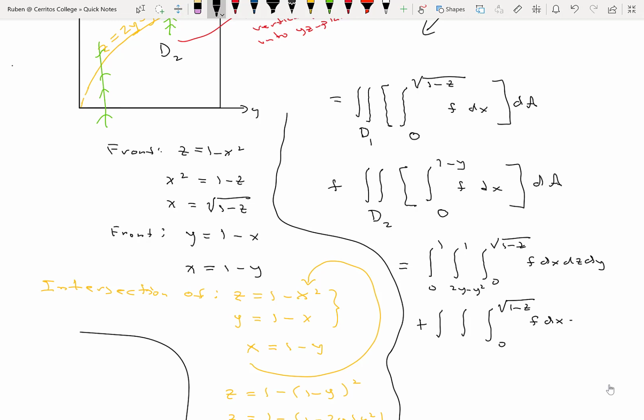We're again interpreting it as type Roman numeral 2, so it's dz dy. But this time z varies, look at the second green line, from z equals 0 to the parabola, 2y minus y squared. And finally y varies continuously between 0 and 1.